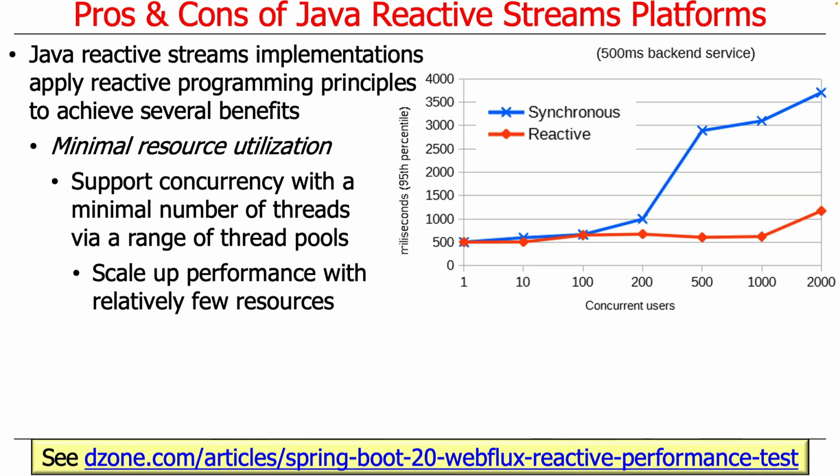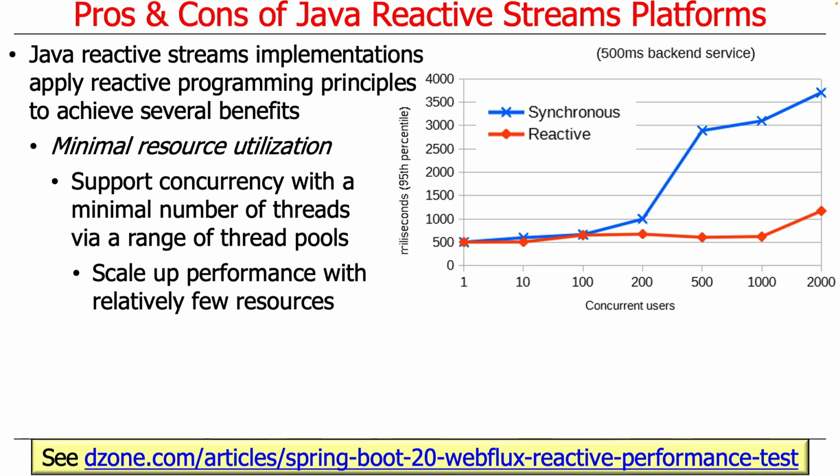relatively few resources. And back in the day, people had done some performance tests, which you can read about here. And they compared and contrasted the approach to having lots of concurrent users using traditional web MVC-like approaches that were synchronous and had lots of threads running around, hundreds of threads, versus the approach that used reactive programming with things like Webflux.